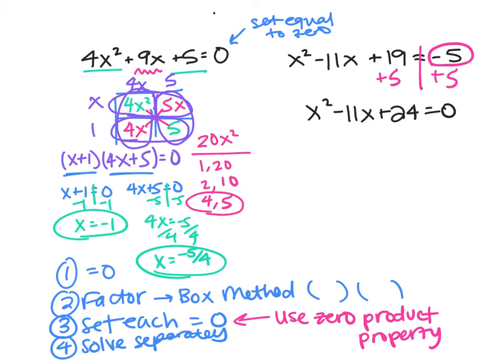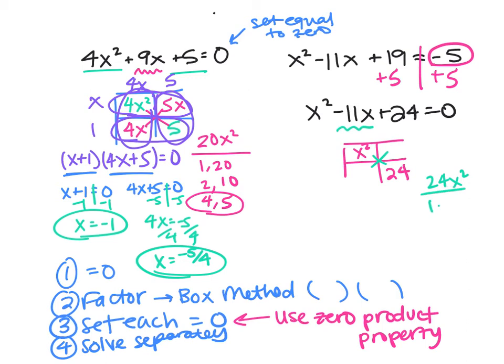Now that we've done that, we can factor. So again, the goal for factoring is to get those two parentheses. In order to do that, we have to use our box. So we have an x squared and a 24. Multiply the crisscross, so we are looking at factors of 24x squared. We know they have to add to negative 11.